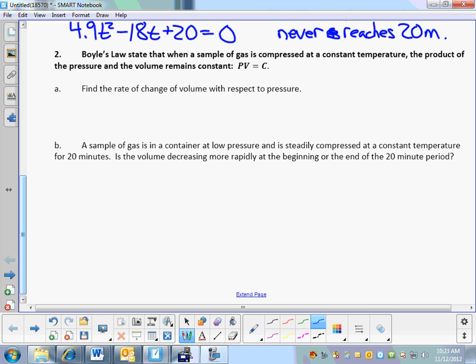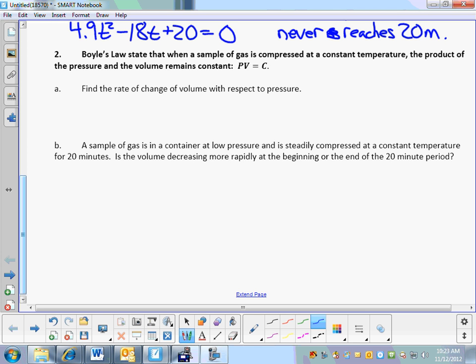For example, if we heat an object up, generally it will expand, especially if you heat a gas up. Now, in this problem, we're going to say the temperature remains at a constant. So Boyle's law states that when a sample of gas is compressed at a constant temperature, the product of the pressure and the volume remains at a constant. P times V equals C.